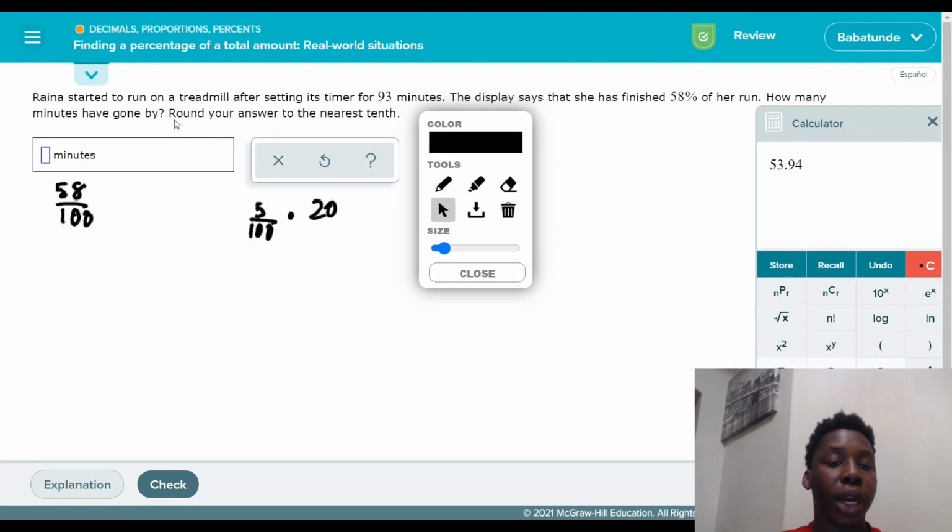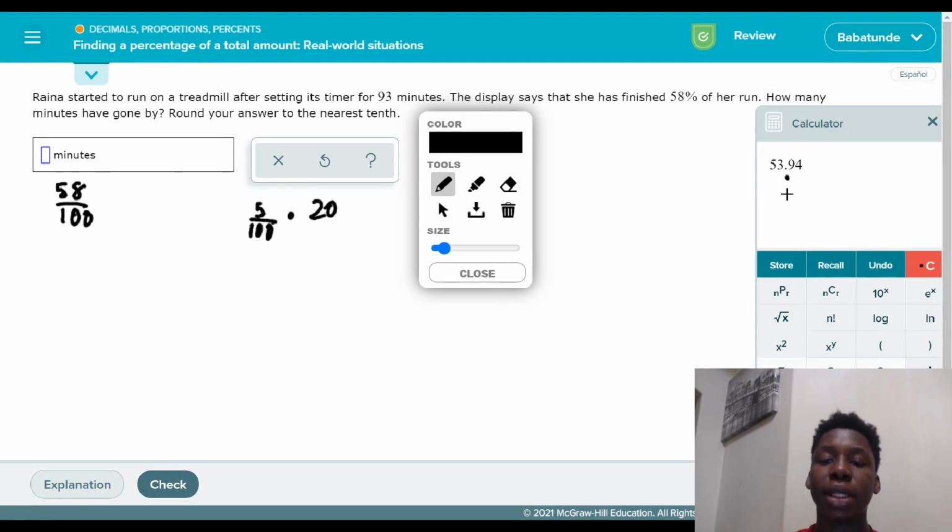We're asked to round our answer to the nearest tenth. This is the final answer we've gotten, so in order to round it, I want to ask myself, what is a tenth?